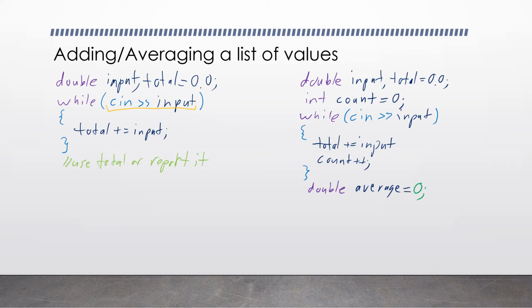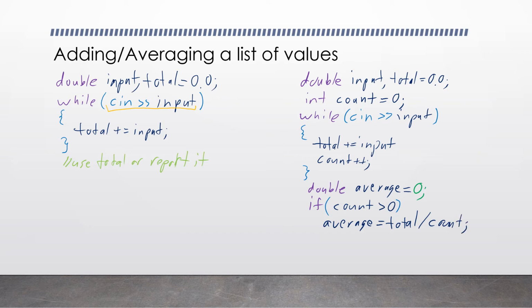Now I can say if count is greater than 0, then average equals total divided by count.